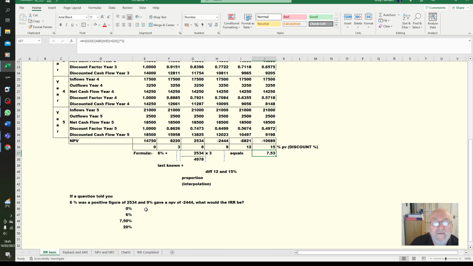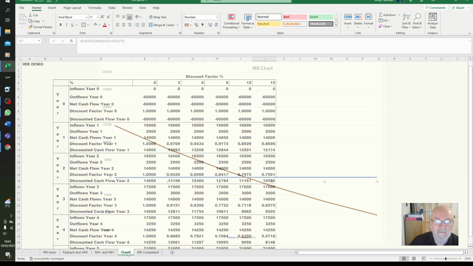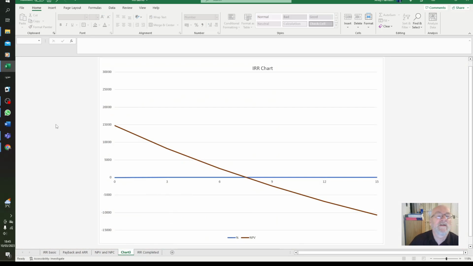It's definitely not 0%, it's not 6% because that was positive, it wouldn't be 9% because it's negative, and 20% is going to be very negative. It's going to be the 7.5%, and that's the answer to the tick box type questions that used to occur on MMAC, now in maths on the AQ22. So we've looked at all the different methods and even drawn a nice graph.